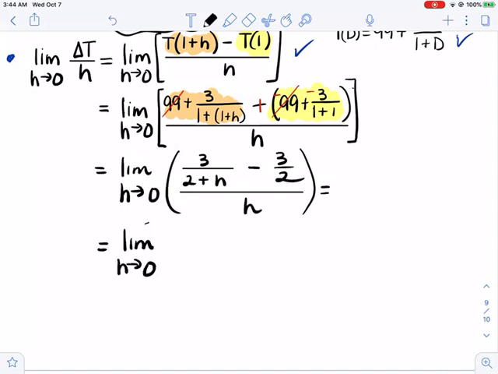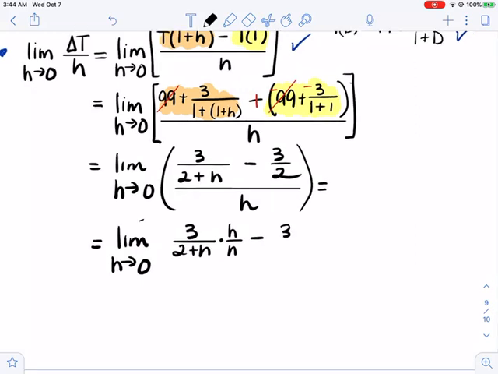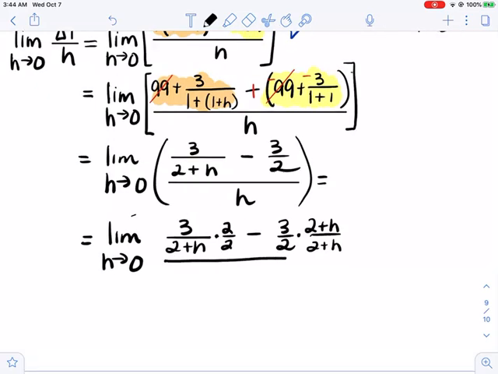The limit as h goes to 0, so I'm going to bring the two terms together in the top by getting a common denominator. That means I need a 2 for the first term, and I need a 2 plus h for the second term. That's still over h.